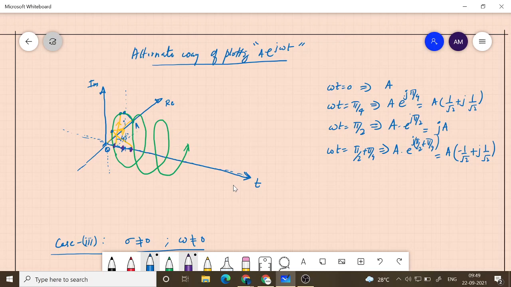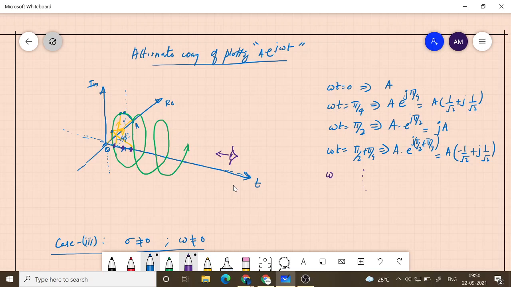It is turning anti-clockwise when you look from here, advancing in time and rotating in the real and imaginary axis. So this way you can continue. The next point will be completely aligned in the real axis with the negative value.